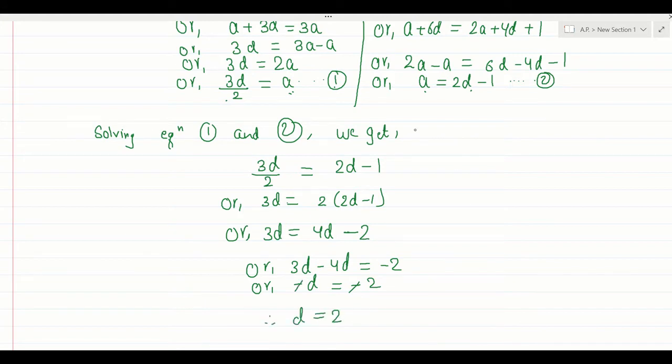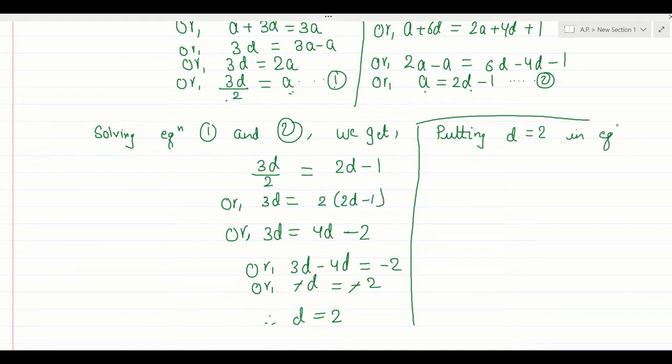Now let's put this value of D either in equation 1 or in equation 2, wherever you want. So putting D equal to 2 in equation 1, we get A equal to 3D over 2. D is 2, so 2 and 2 cancel, and ultimately we are getting A as 3. I hope this is clear.